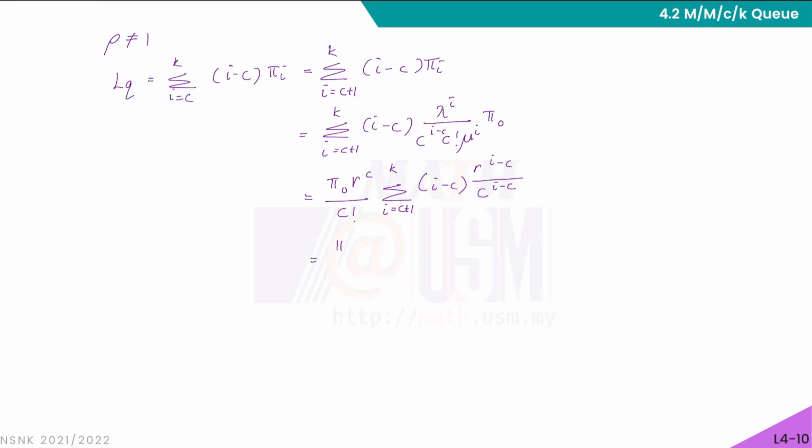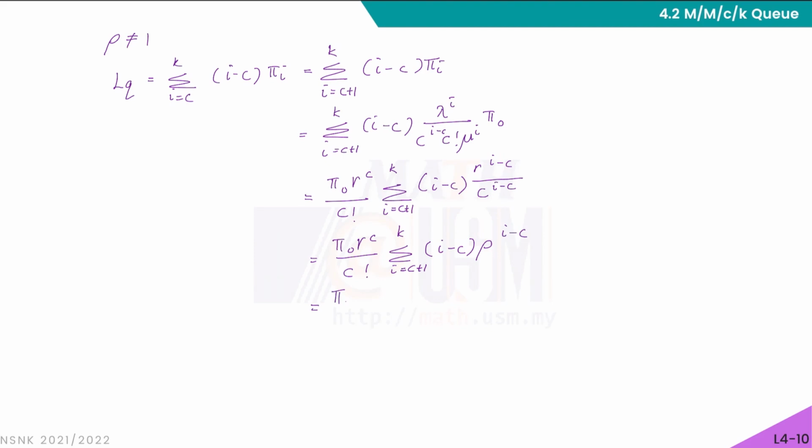Then, copying back, we're going to further simplify the term. So you have i minus c, and this is rho to the power of i minus c. Next we're going to factor out one of the rho.